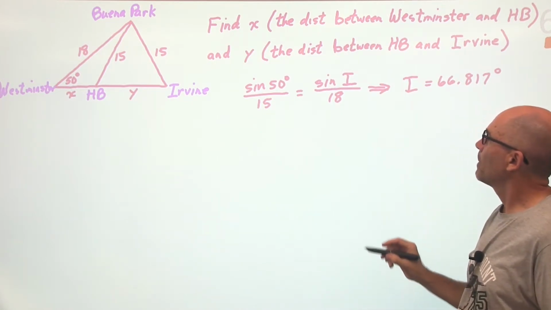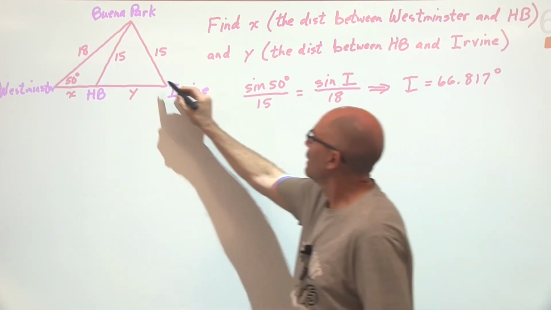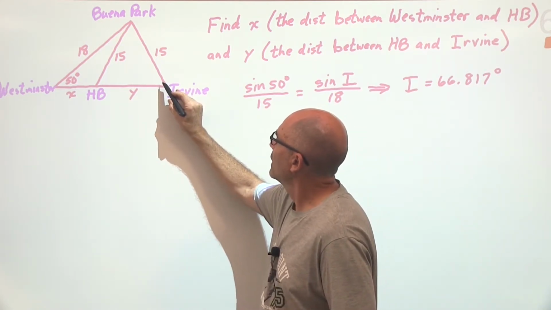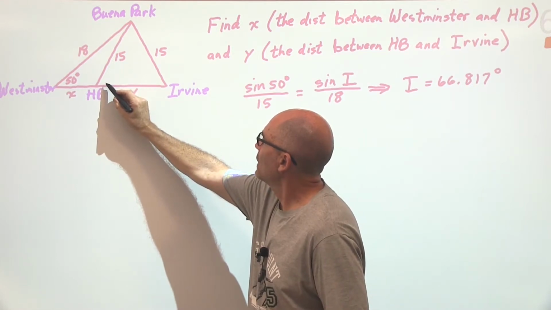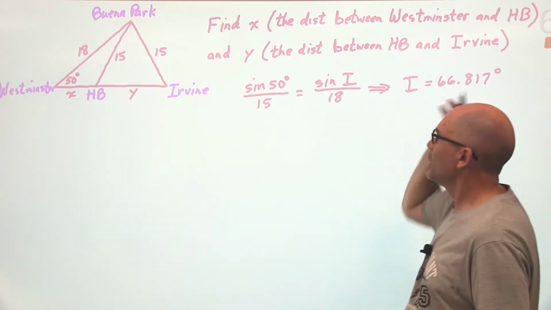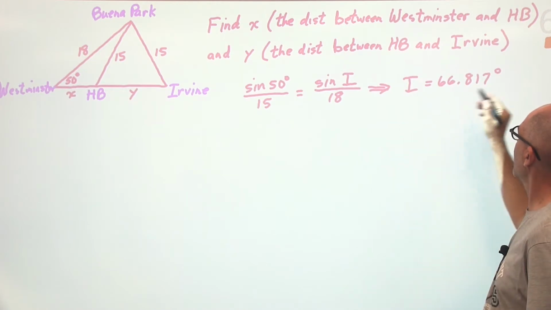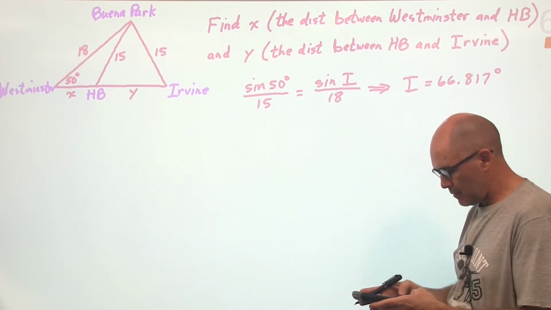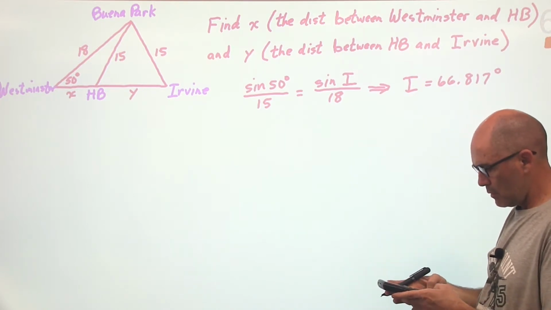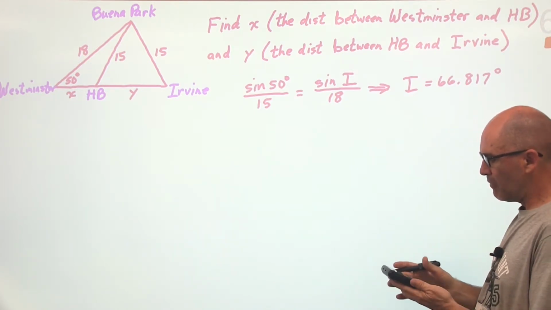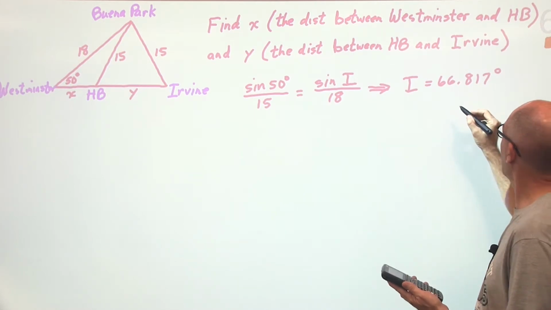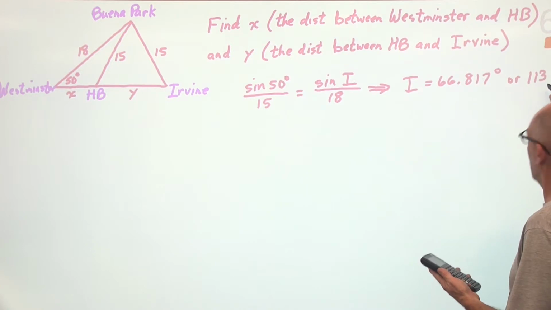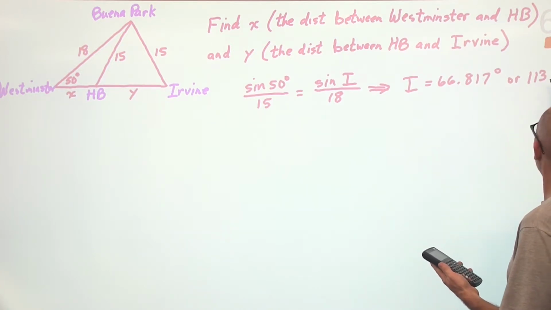Now, so I have this angle. Now, if I want this angle down here, all I do is take 180 minus this, and that gives me 113.183.